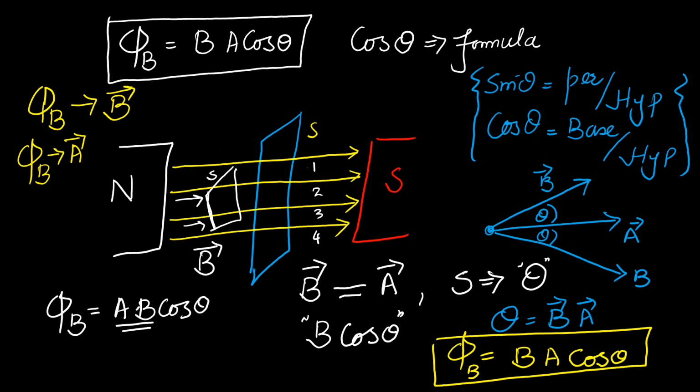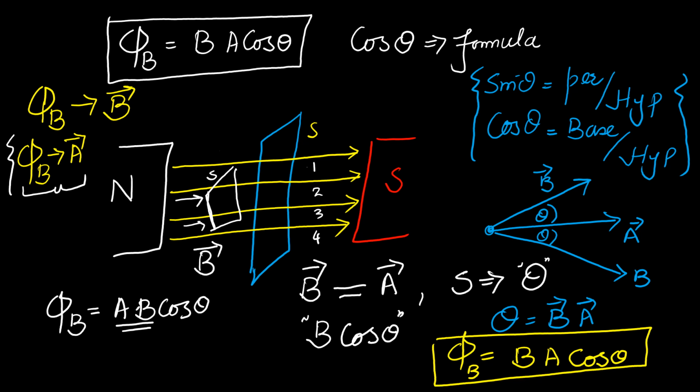This means that the area of the surface also causes an increase in the magnetic flux. So the more the surface area, the more will be the number of magnetic field lines passing through it.